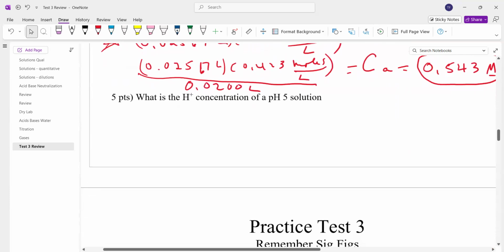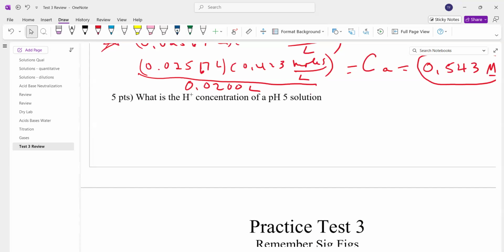All right. What's the hydrogen ion concentration of pH 5? Now you're going to have a simple pH question on the test. pH means the negative logarithm, the negative exponent. So remember in your head, logarithm, exponent, and it's the negative of it.